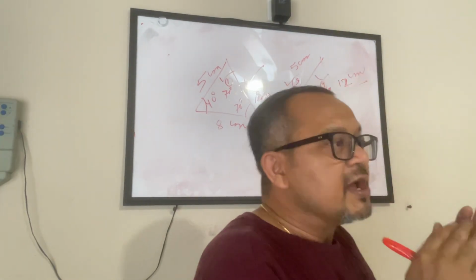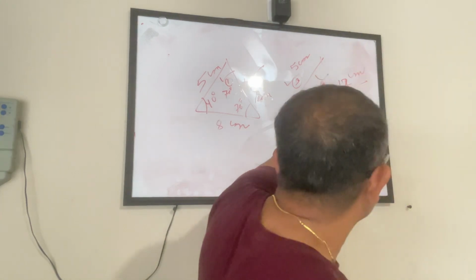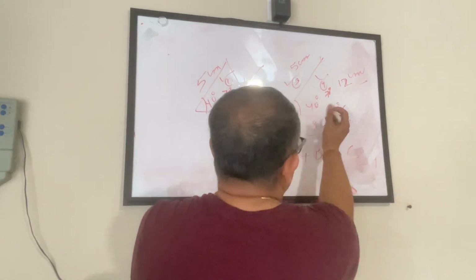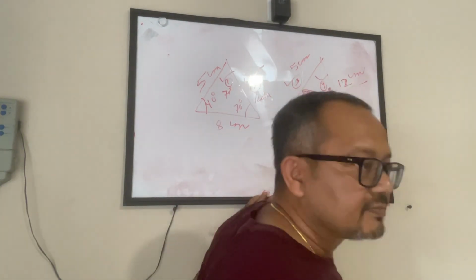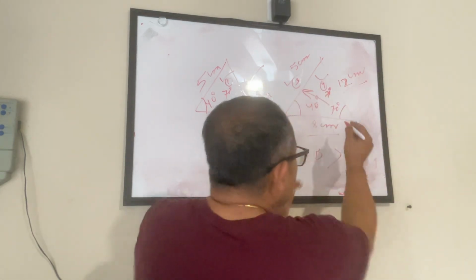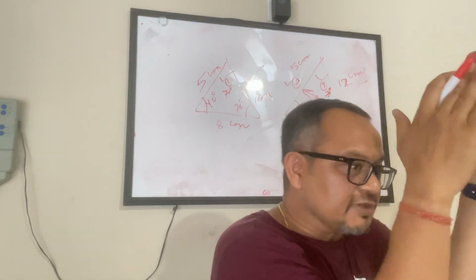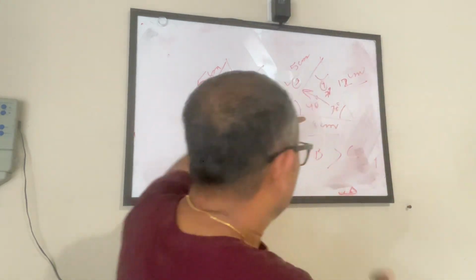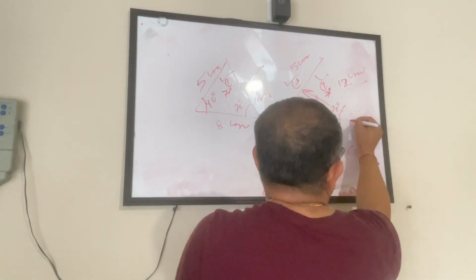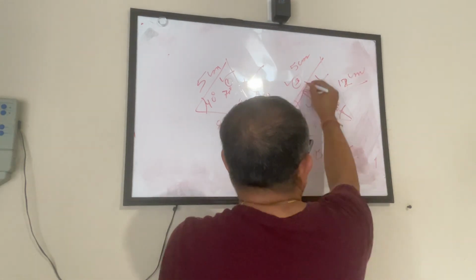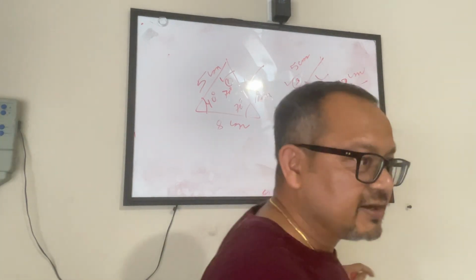Smaller the angle, smaller the side. Meaning if this angle is big, the side opposite to it will be big. If this angle is small, the side opposite to it will be small, right? Because it will be squeezing the other two sides closer, right? If this angle is small, meaning this is moving here, this side will be smaller, right?